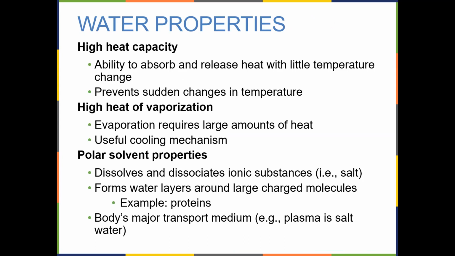On a hot day, we're going to sweat because when we sweat and we release water to our skin, that water evaporates and uses the excess heat to evaporate. So we disperse the heat. We can be fairly constant in our temperature. It takes a lot of heat energy to vaporize water. And once we lose that heat, it doesn't affect us anymore.